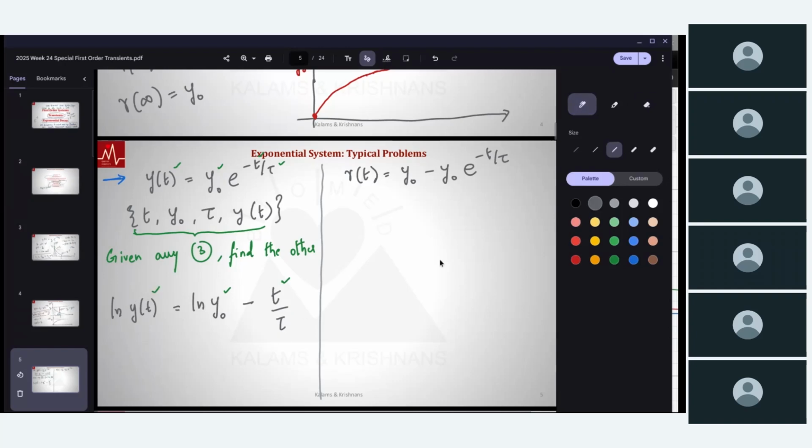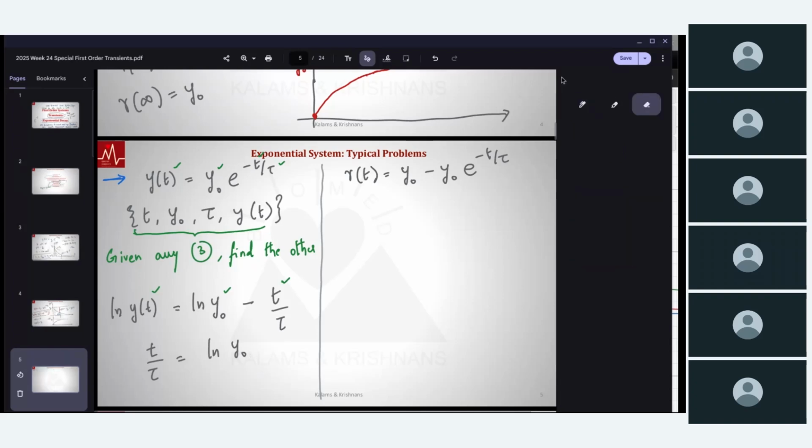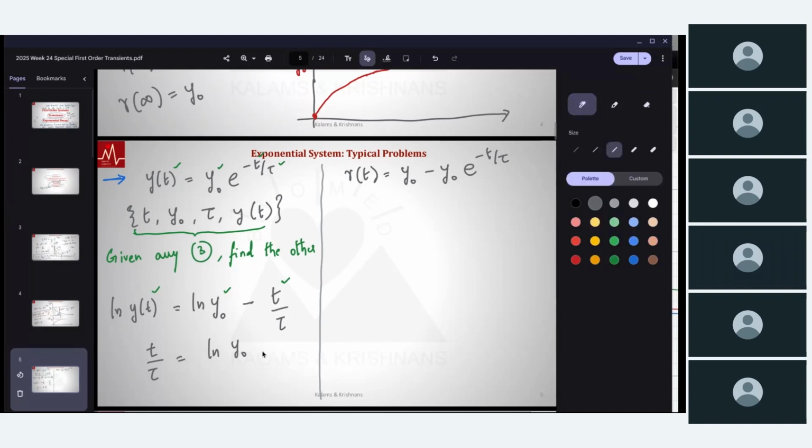If you slightly rewrite this, t by tau happens to be ln of y naught by y of t, which is ln y naught minus ln y of t.